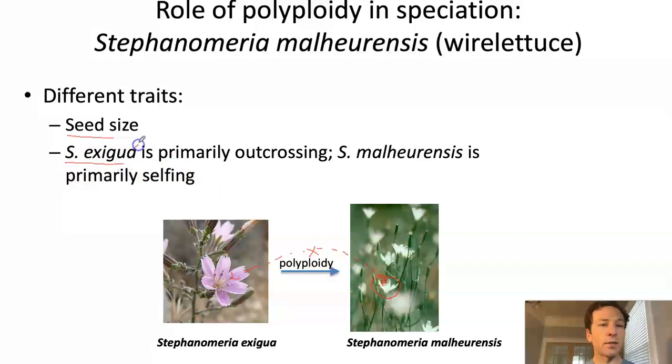Let's say, I don't remember for sure, but let's say it's diploid, and the polyploid species, and I would need to check this, but let's say it is 4N. We have both genetic and we have pre-zygotic barriers because the pollination system has shifted.